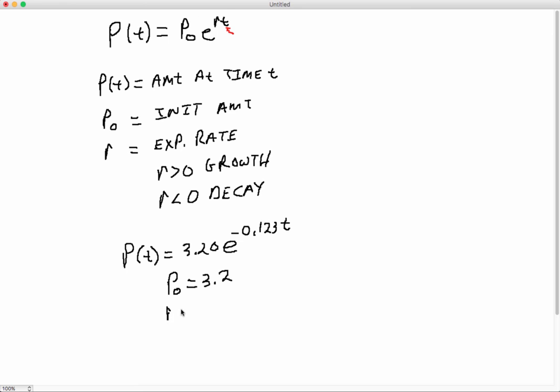And our rate r is equal to negative 0.123. I can ask you, for example, what is P of 2? P of 2 is equal to 3.2 times e to the negative 0.123 times 2.